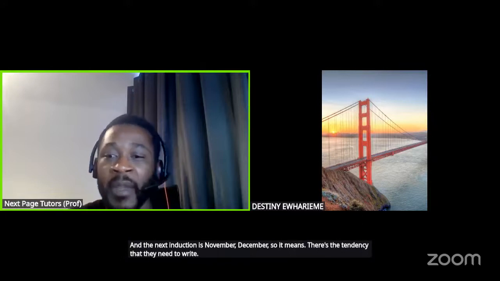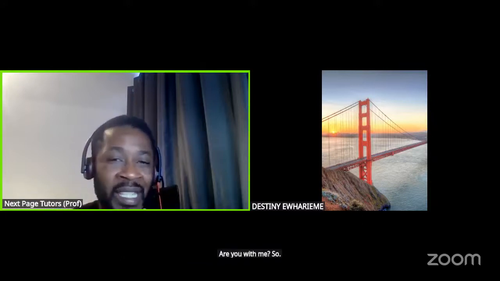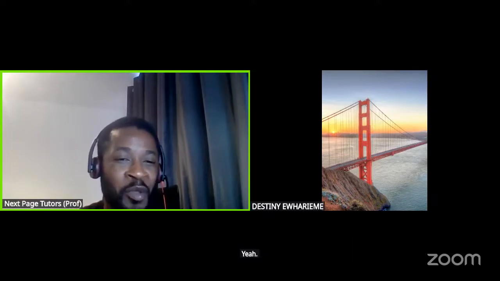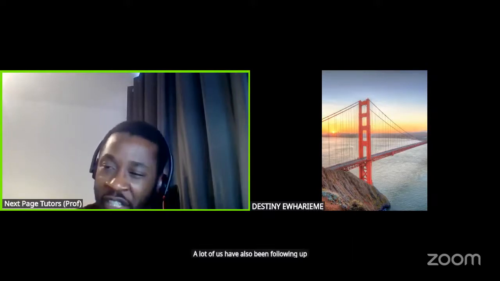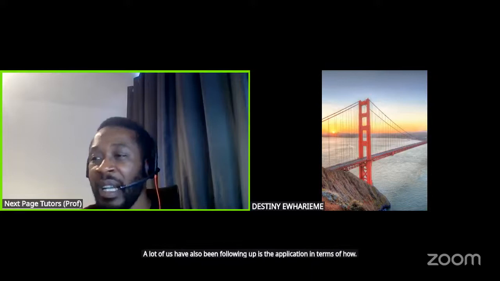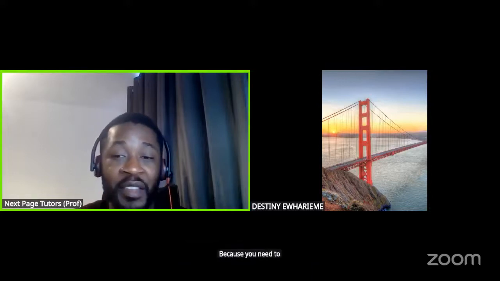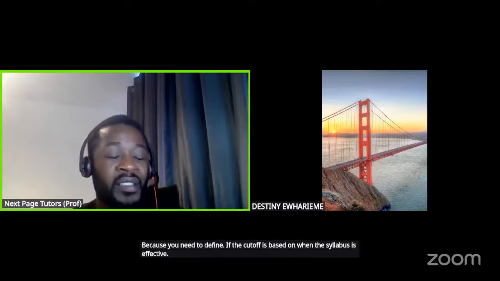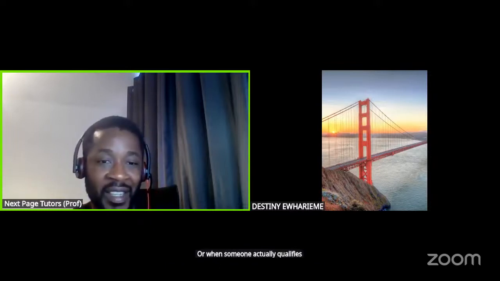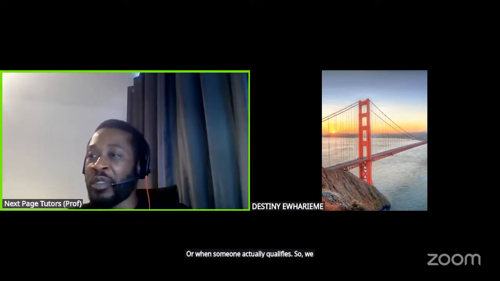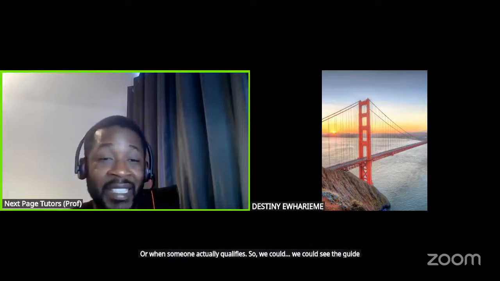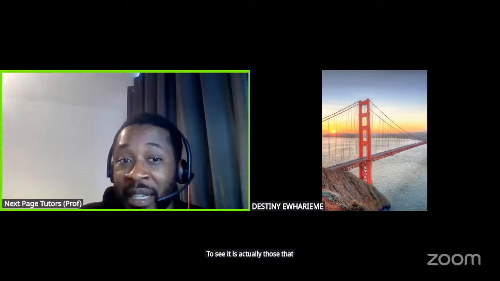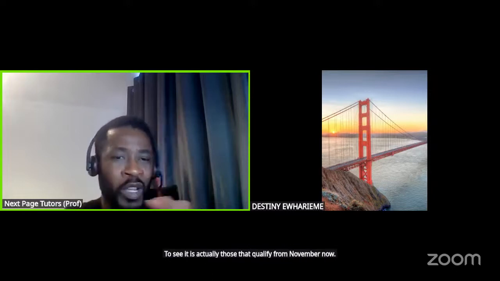But the clarification that we need to get from ICAN, which a lot of us have also been following up on, is the application: you need to define if the cutoff is based on when the syllabus is effective or when someone actually qualifies. We could see the guide by the time it comes out saying it is those that qualify from November. So let's wait for those things.